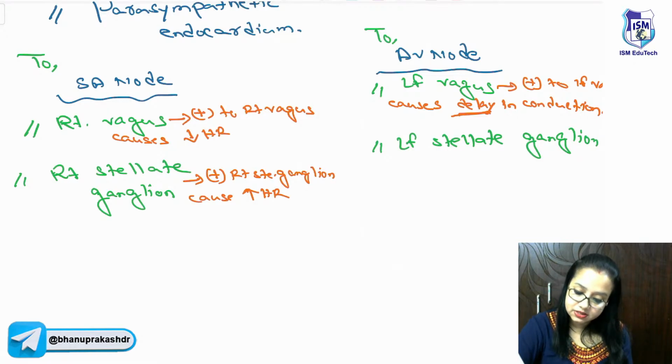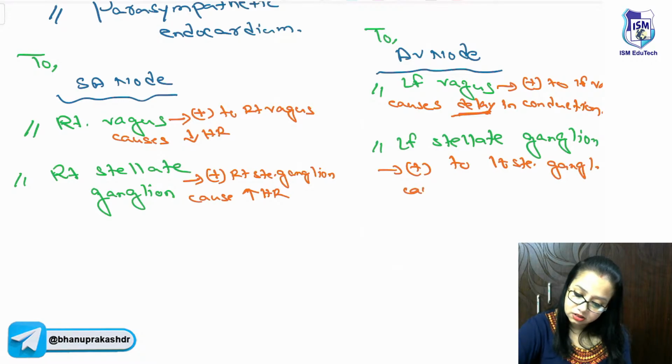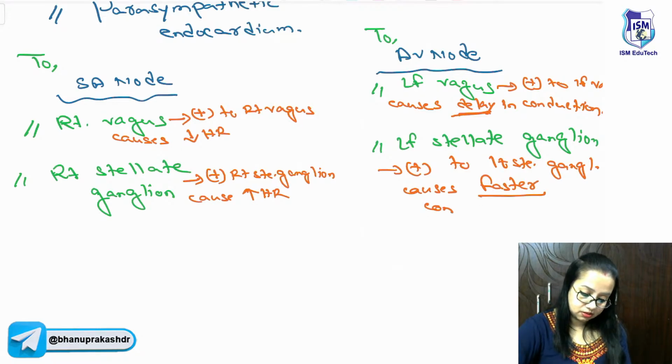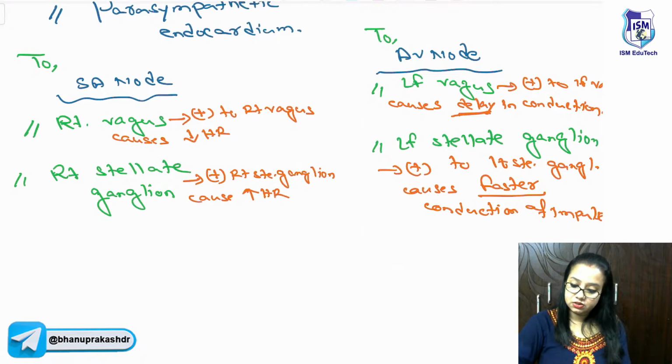So if the left stellate ganglion is stimulated, the left stellate ganglion causes faster conduction of impulse.